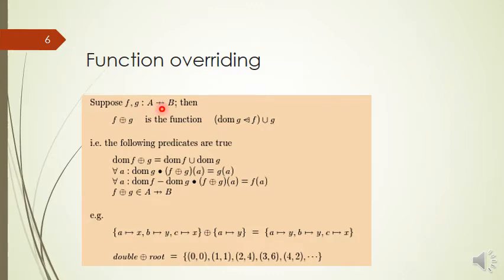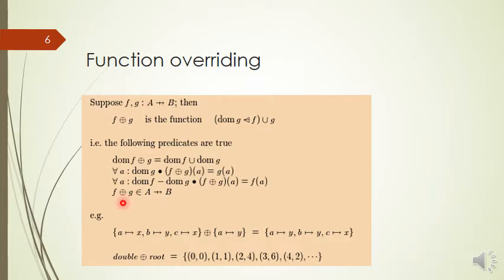And after applying the function overriding operator, the return value would also be a function of the same type. So whatever we get returned by applying the operator would also be a function, and the type of that function would be the same as function f and function g.